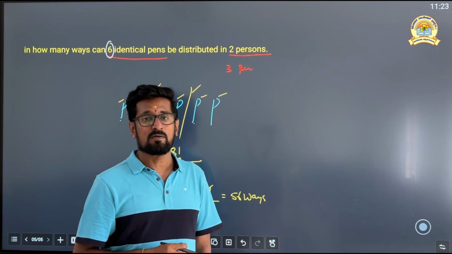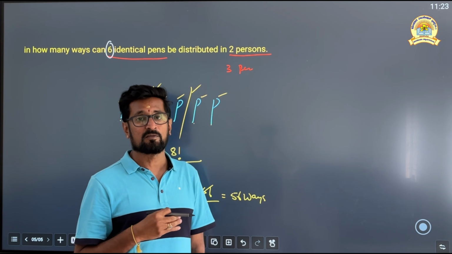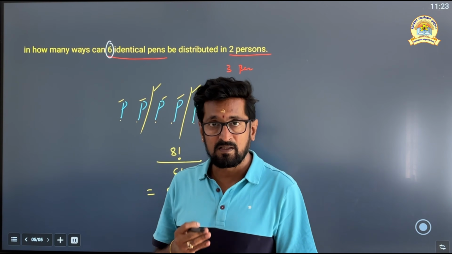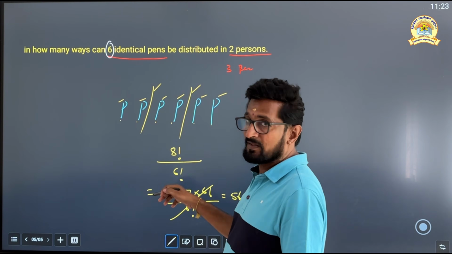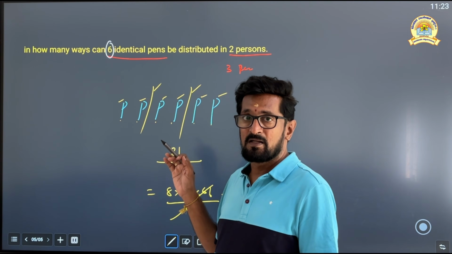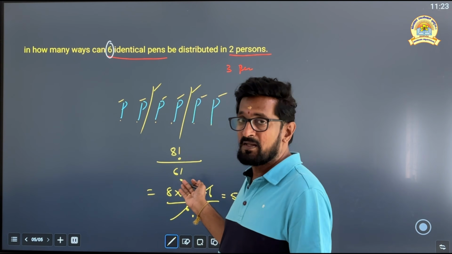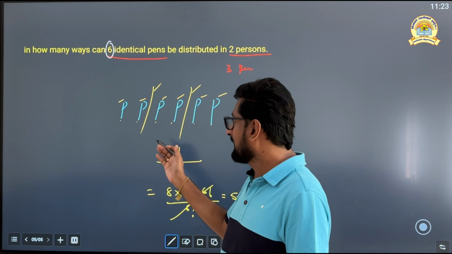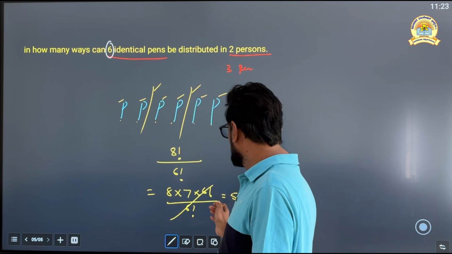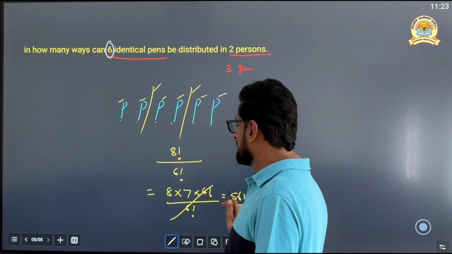Similarly, if you want to distribute these 6 identical pens among 4 people, then you should use 3 scales, and there will be 9 factorial divided by the factorial of the alike items. So the answer for this problem is 56 ways.